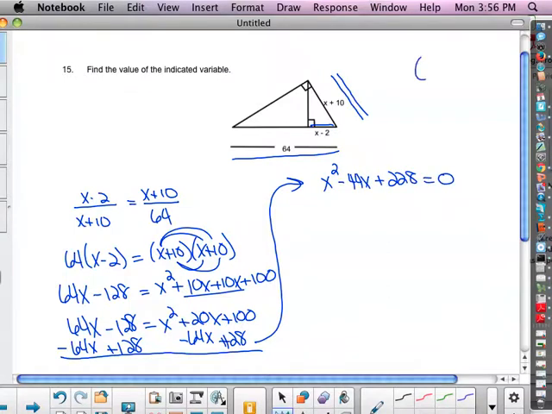Remember, you're looking for two numbers that multiply to give you 228, but add to give you negative 44. And you already know something about the signs. If you use guess and check, you know that they will both be negative.